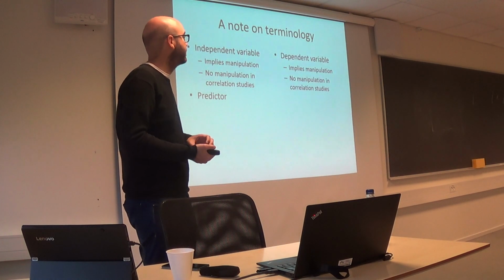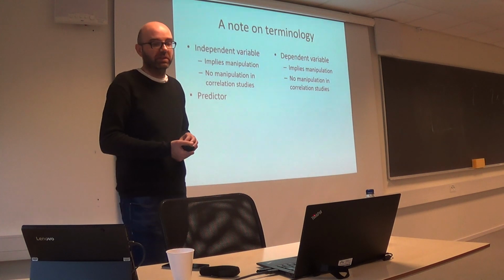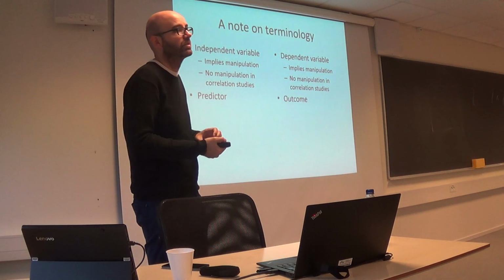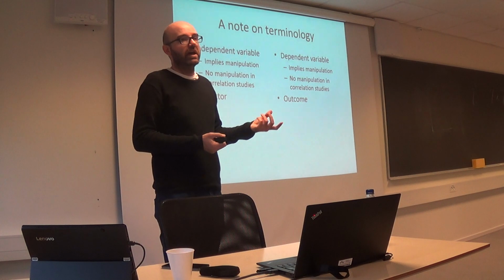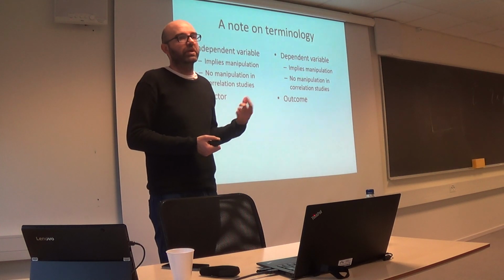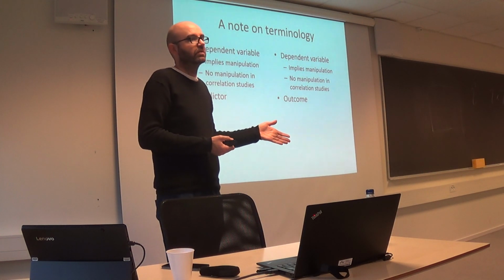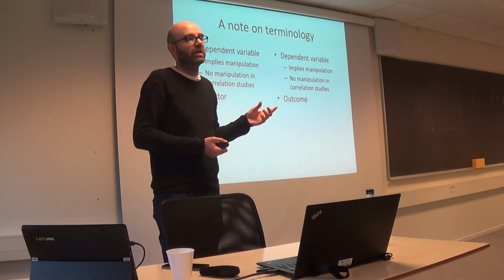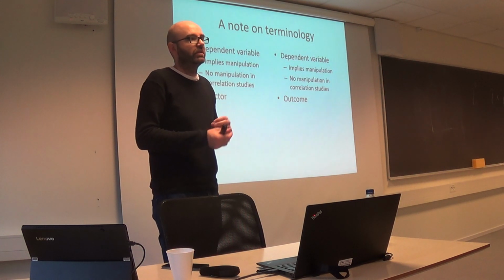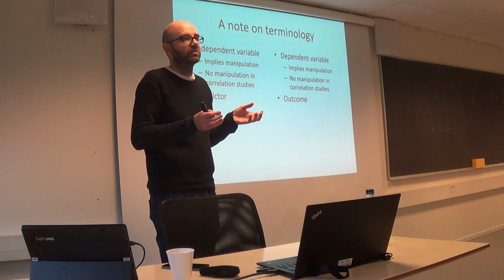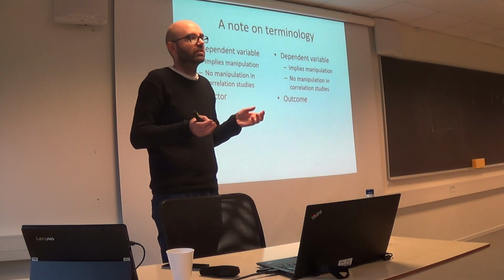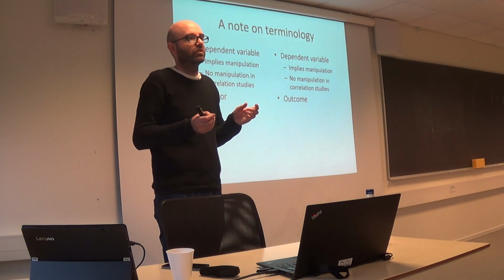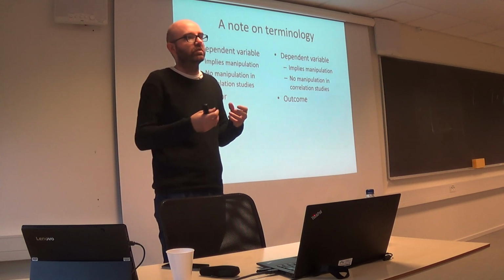And rather than talking about dependent variables, which also implies manipulation, let's talk about outcomes. So now, instead of having independent and dependent variables, what we're going to have is a predictor and an outcome. And the outcome's on the y-axis. So if you think back to your tilde notation, which we're going to talk about at length, when we use this language of as a function of.